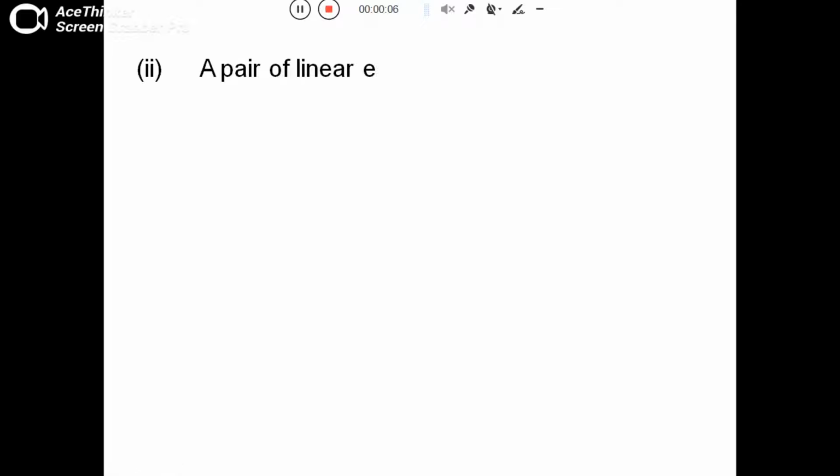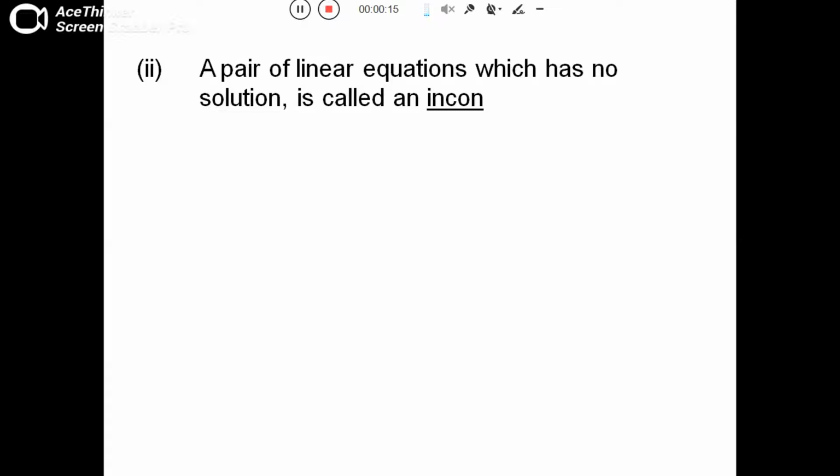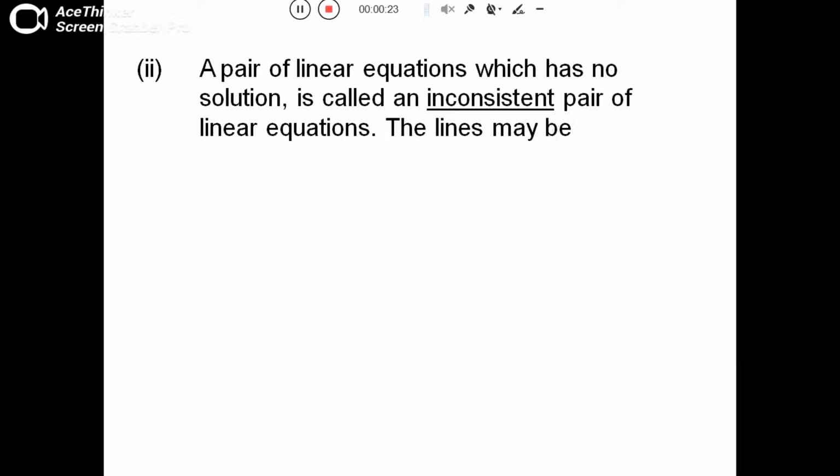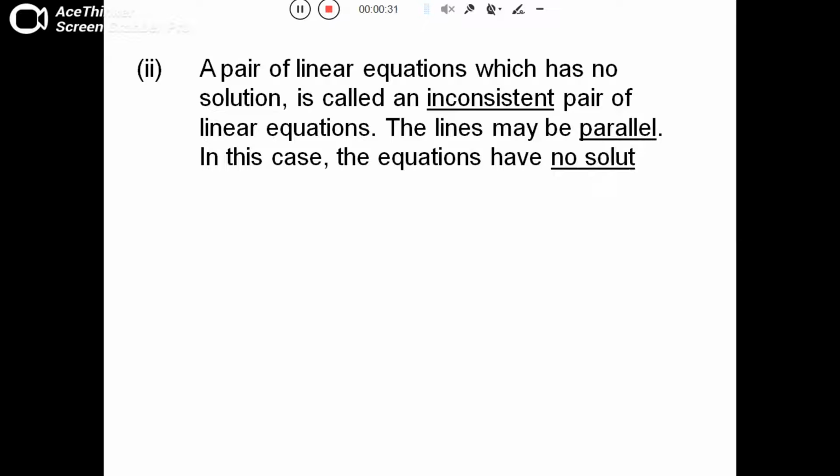In this, a pair of linear equations which has no solutions. So children, as you have read in the last session, the lines which have no solutions, it means the lines are parallel, meaning they are not intersecting, and these lines are called inconsistent. These equations are called an inconsistent pair of linear equations, and the lines are parallel.